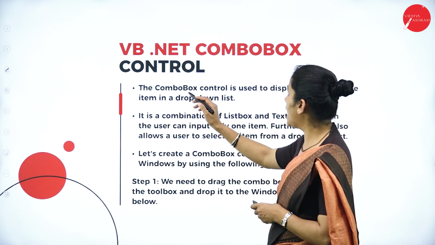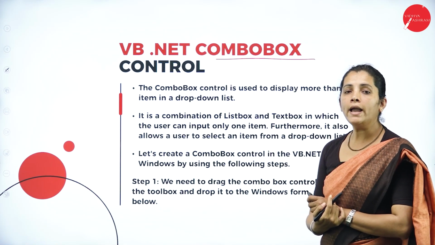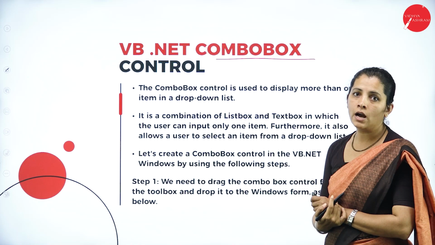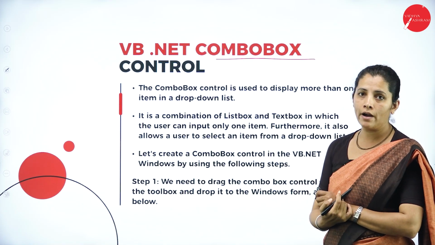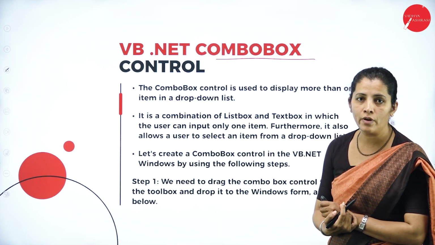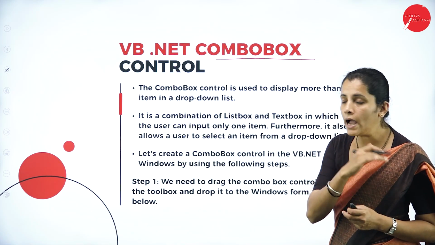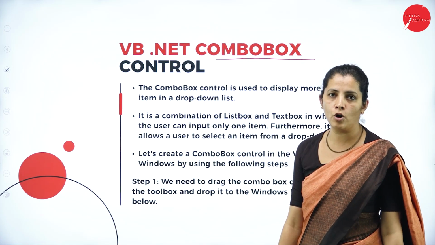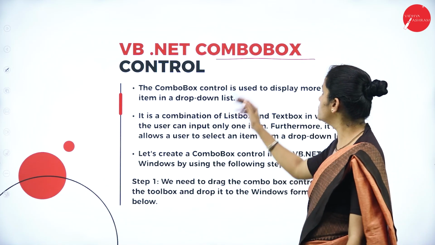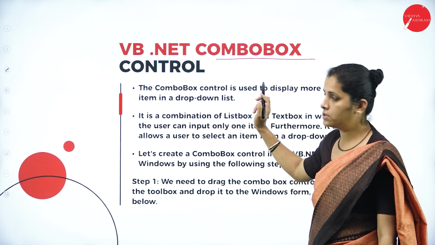Now, I'm going to have the combo box. Why do I use the combo box and what is the need of having it? Think that you have a long list of items. Now you have to list all the items. For that, I'll use the combo box. Now the question arises, where am I going to get the combo box in my toolbox?